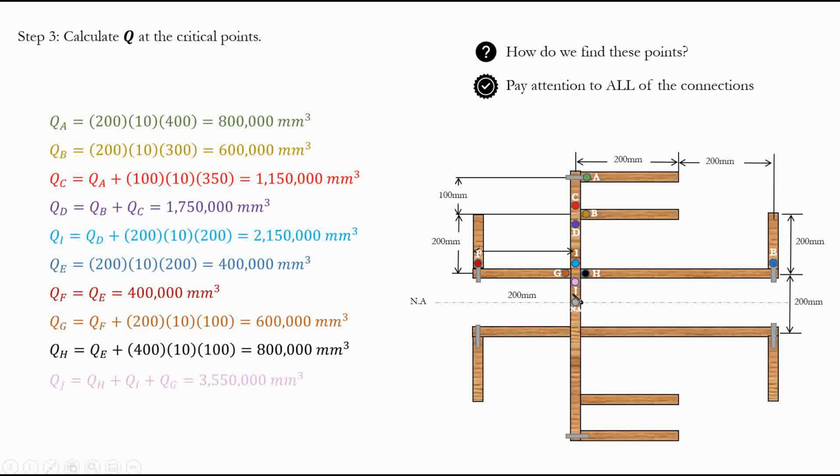We can say QJ is equal to QG, which represents this segment, QH, which represents this segment, and QI, which represents this top segment. So QJ is equal to QH plus QI plus QG. You could calculate all of them separately, but we already know QG, QI, and QH, which represent these segments. So there's no need to further complicate this for ourselves.